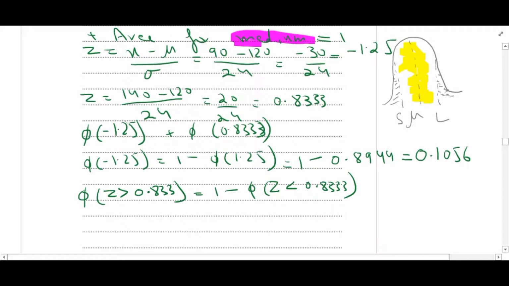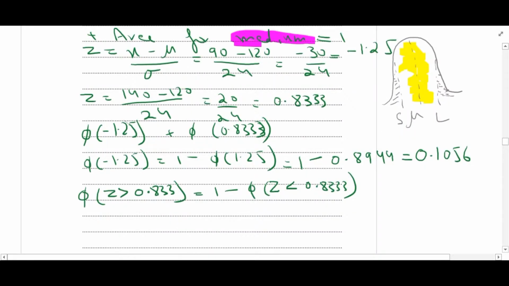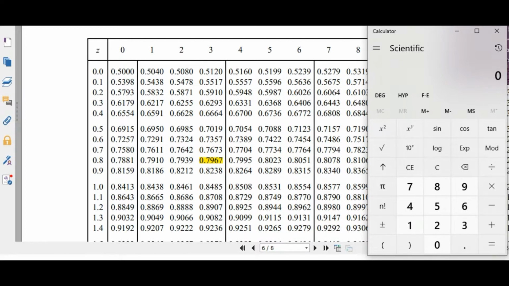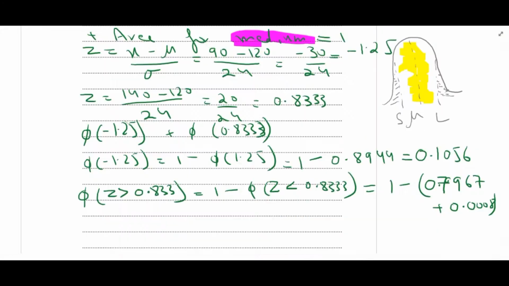To calculate phi of 0.833, again we go to our data sheet. 0.83 is these numbers, and the additional digit gives 0.7967 plus 0.0008, which becomes 0.7975.